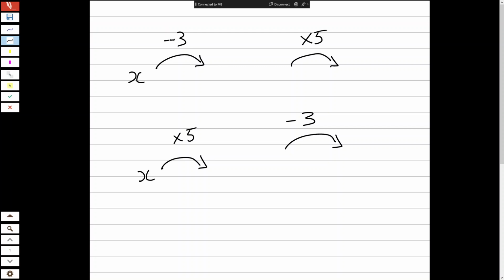Now, x minus 3 is correct. Now, take the whole thing, Kalisha, x minus 3, and multiply it all by 5. How do I write that? Okay, 5x minus 15 is one way. Is there another way?